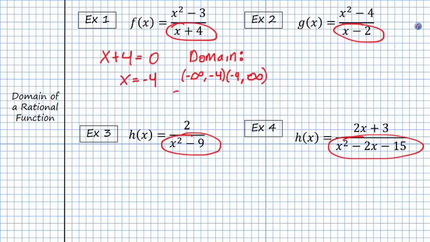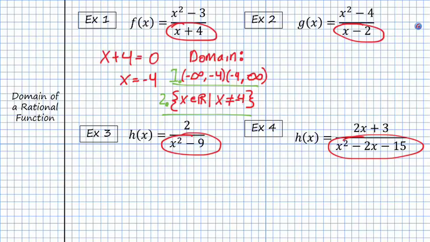Or another way that I could write this is x belongs to R such that x is not equal to negative 4. Both of these are valid ways to write the domain. This is interval notation, and this is set notation.